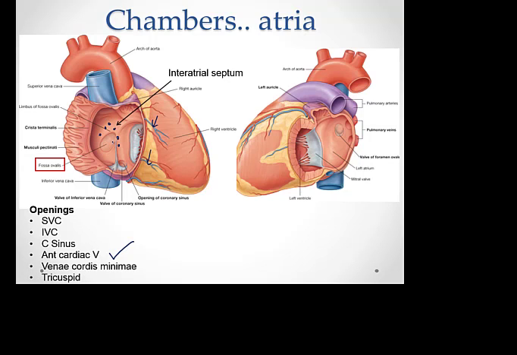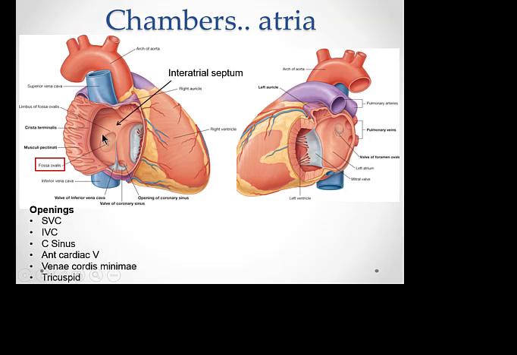As the name suggests, venae means vein, cordis has to do with heart, and minimi means small. So small veins of the heart. In every chamber, we can't see the openings clearly. You can't see them even in a real heart because they're so small, but they are present in every chamber. So these are all the venous openings.